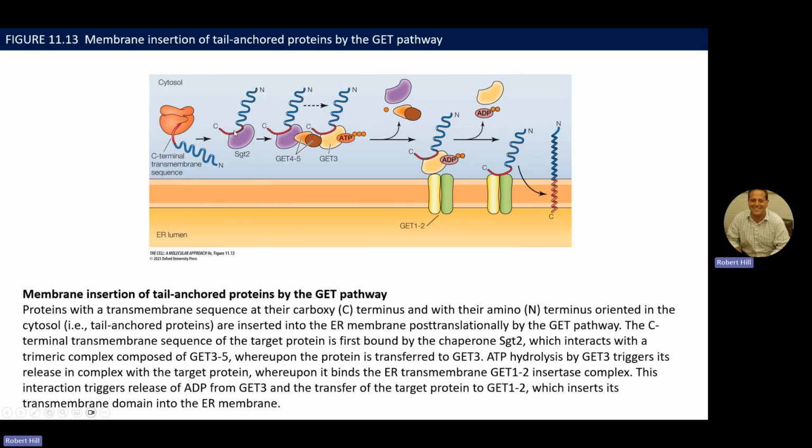And then proteins come and interact with it to bring it to other proteins that are embedded in the bilayer of the ER. Then they cause it to associate in the membrane. Okay. That's all I want you to understand there. You don't need to learn these proteins.